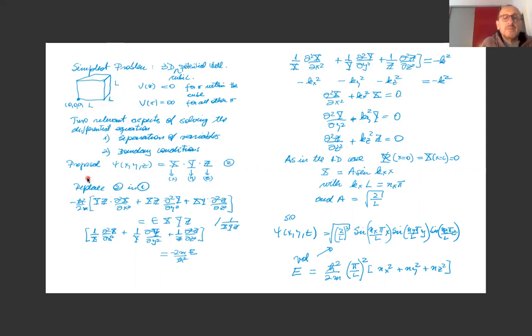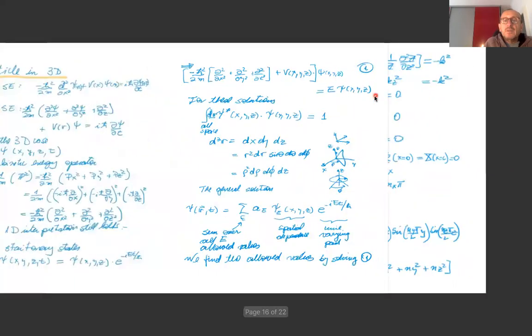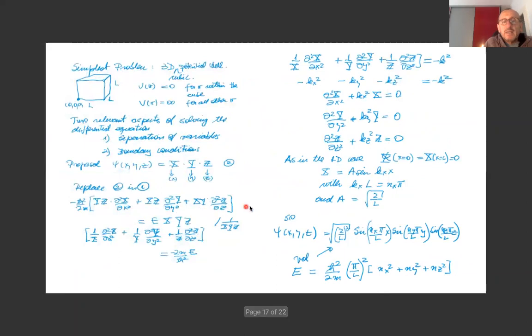Okay. So the proposal is that the wave function, which is a function of x, y, and z, is a product of a function X that's only a function of x, a function Y that's only a function of y, and a function Z that's only a function of z. Okay, so I replace them in this equation, I fix the value of the potential equal to 0.